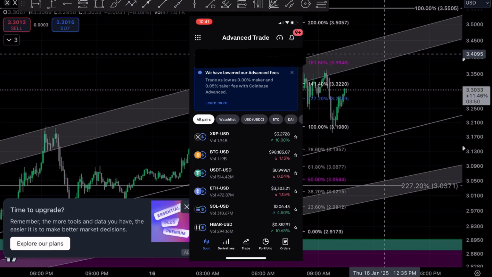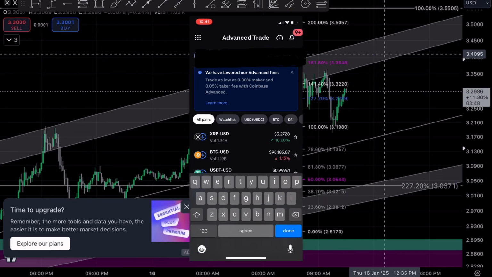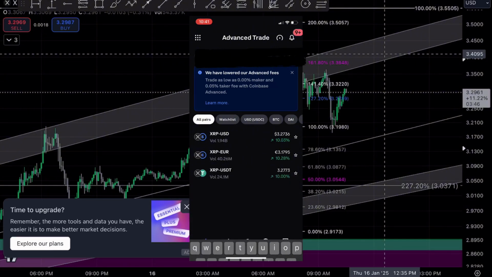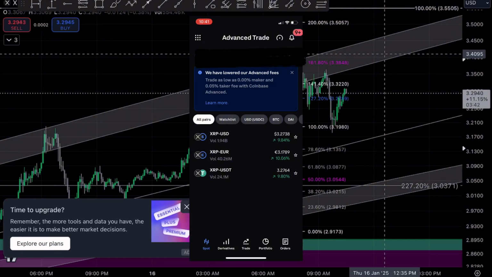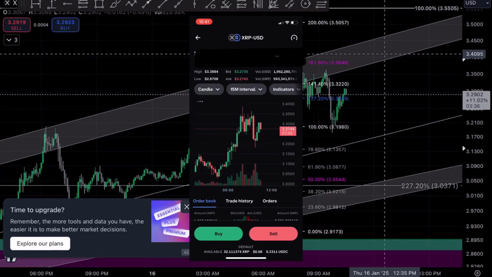and then it's going to ask you XRP USD, XRP EUR, which is for Europe, or XRP USDT, which is Tether.